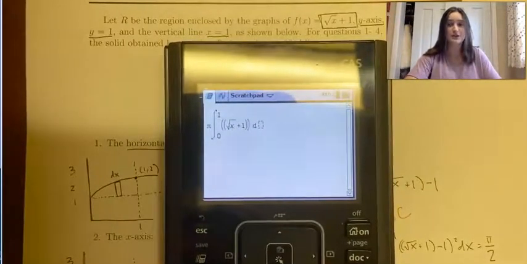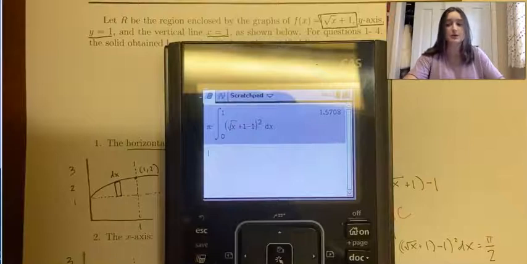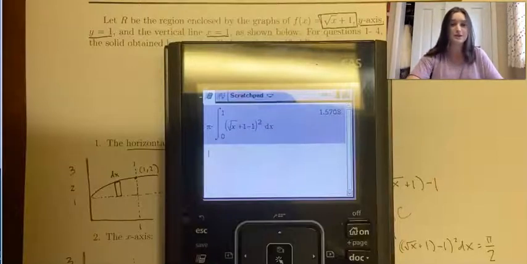So I'm just typing in everything that I wrote. I'm showing you this because you have to be really careful with parentheses when you do this. Making sure that you have all your parentheses in the right place is really important, because if you get to the calculator step and you have everything right, you don't want to get it wrong just because of the way you typed it in. So there is that answer, and let's go ahead and move on to the next thing.